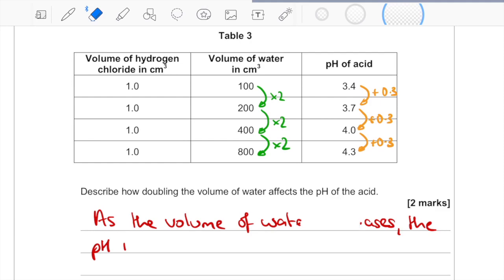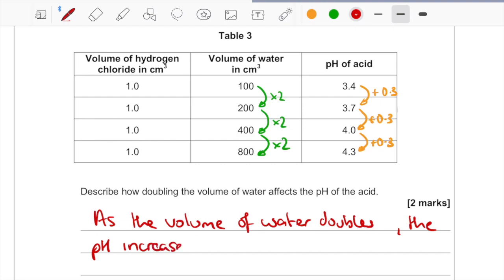Sorry, I'm not being very clear there. As the volume of water doubles, the pH increases by 0.3.